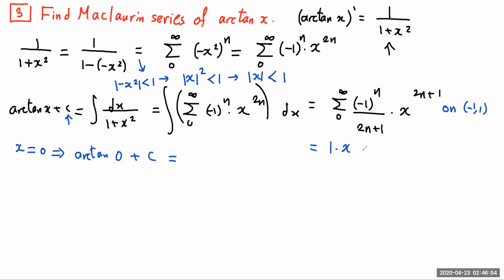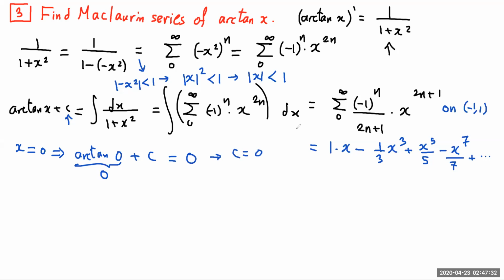If I give n = 1, it will be -x^3/3. Then n = 2 gives +x^5/5, then -x^7/7, +x^9/9, etc. If I give x = 0, all of the terms on the right will be 0. What is arctangent 0? It's 0 because tangent 0 is 0. So finally the constant is 0.